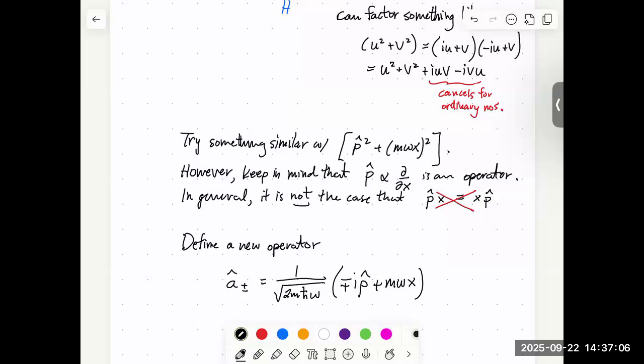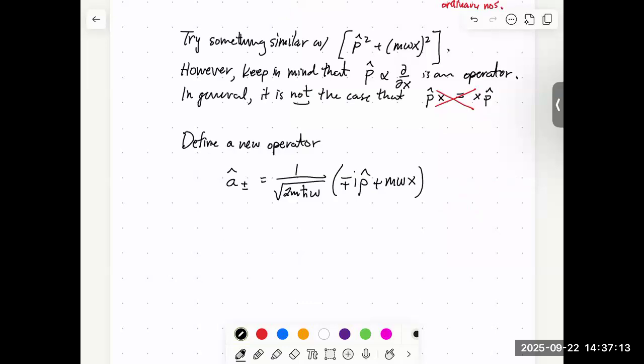So what I want to think about then is the product of these two operators. So then a minus times a plus, what's that going to give us? Okay, so the prefactor is going to be squared, so we get a 1 over 2m h bar omega. And then I'll just write it out. Notice it's a little weird, right?